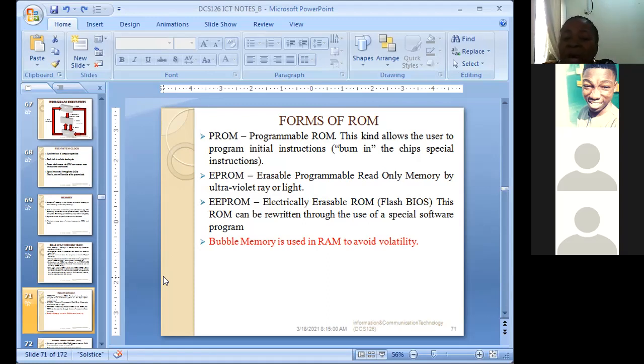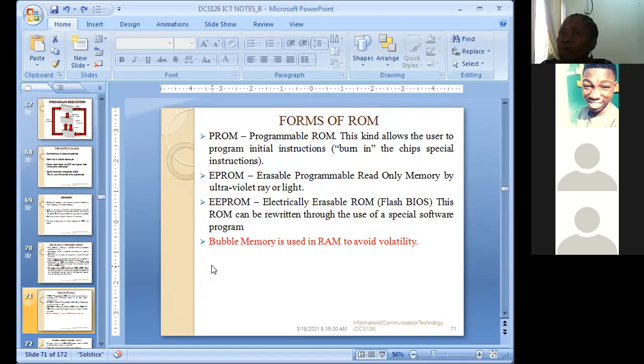Now, if you have an EPROM, the E there means erasable programmable ROM, which means that the initial instruction that has been bound into the ROM can be erased. Oh no, sorry students, network issue, oh, we are back. What has been programmed can be erased.